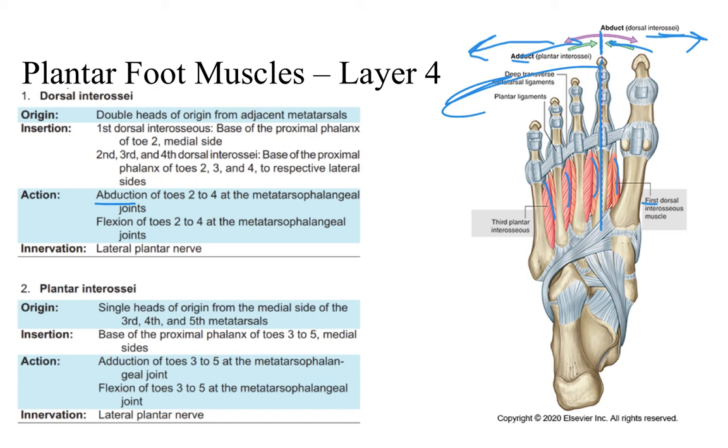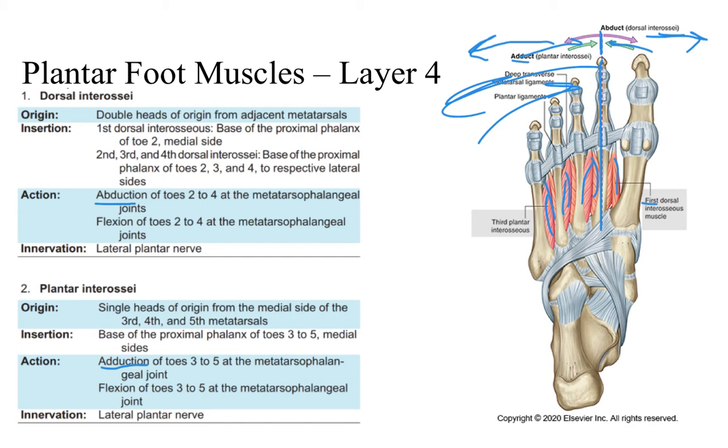And then we have our plantar interossei muscles, first, second, and third plantar. So there are only 3 of those, and their job is adduction, so bringing the toes back to the midline, of toes 3 through 5, as well as some flexion, but the flexion part's going to be weak, so their main job is adduction.